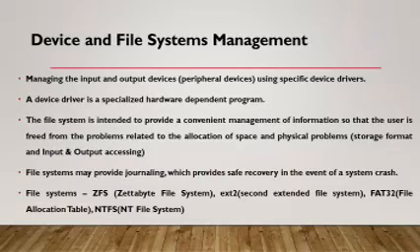Regarding the device and file system of the OS, different types of file systems are available, as well as different types of devices, meaning input output devices and storage devices. We can depend upon better software as well as hardware for the computer.